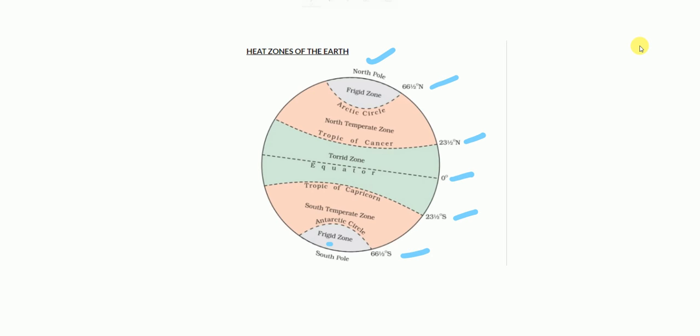And we have learned that the lane between the two tropics is known as the torrid or tropical zone. The lane between the Tropic of Capricorn and the Antarctic Circle is known as the temperate zone. Here, this is the northern temperate zone, the lane lying between the Tropic of Cancer and the Arctic Circle, and the lane within the Arctic Circle is known as the frigid zone.